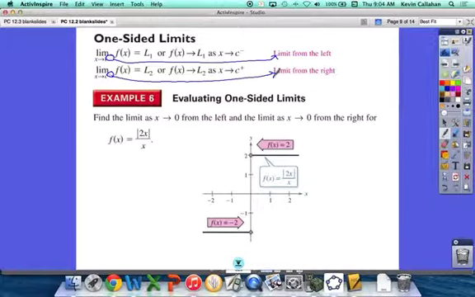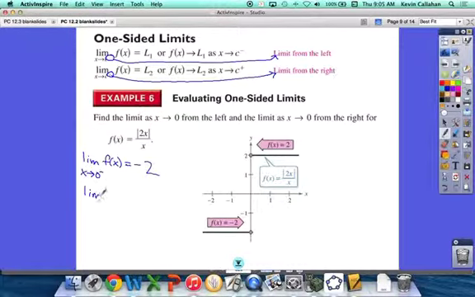Now, what did they ask here? They asked us to find the limit from the left and the limit from the right. Right? So we can write that. The limit as x approaches 0 from the left equals what? Look at the graph. What is the value of the function for every value to the left of 0? It's -2. Right?